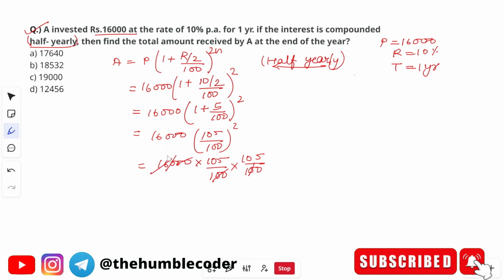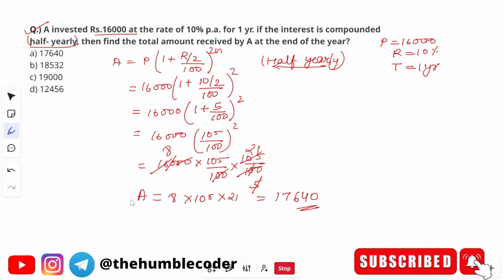Now it will be 2 8s are 10, and then 2 5s are 10. Then further we will solve it, 5 will get cancelled with 21. So we will be left with 8 into 105 into 21, which when you solve, you will get 17640. And this is the amount value that we have found.